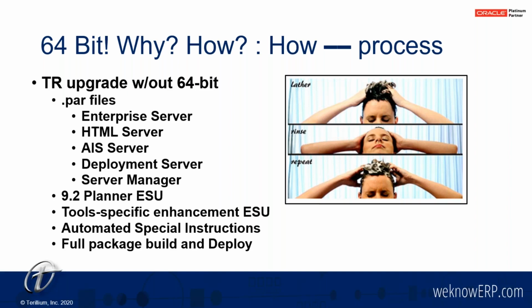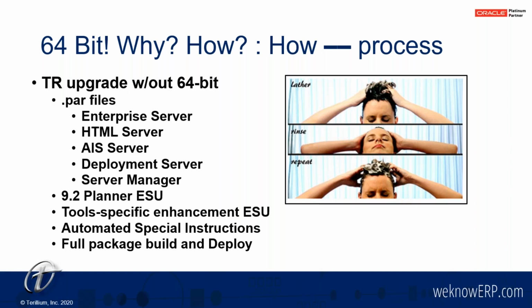You have a tool-specific, sometimes called a tools roll-up enhancement ESU that contains any applications that you need in order to properly utilize the new tools features, for example. There will be a set of automated special instructions, of course, all the little doodads and UDC additions and changes to records to support certain modules.